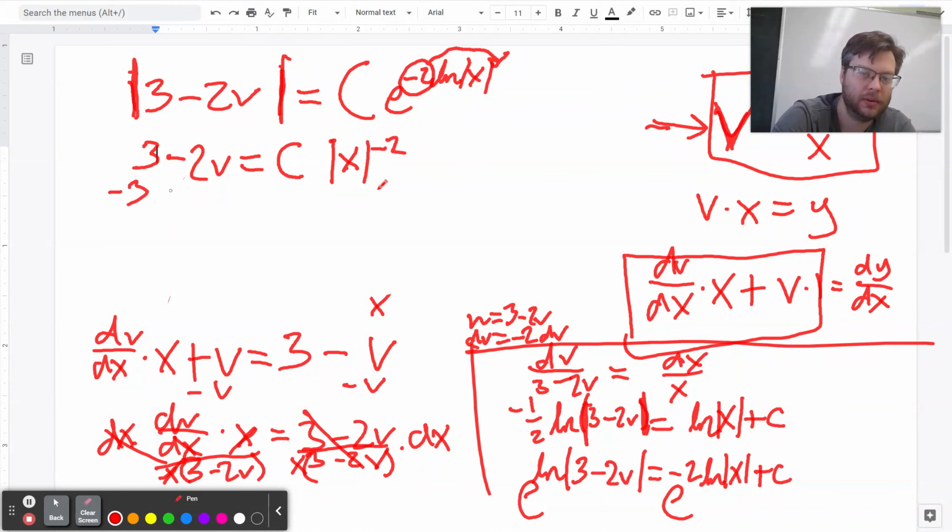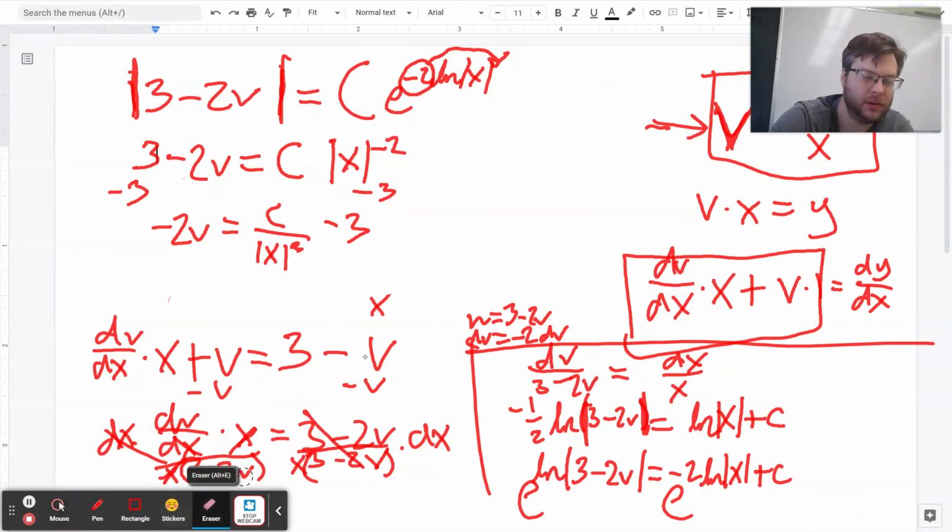And we're almost done. I'm going to bring the absolute value of x down below the c. Absolute value of x squared, minus 3.